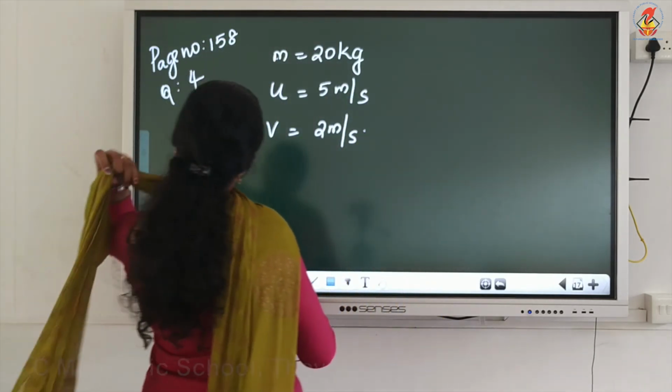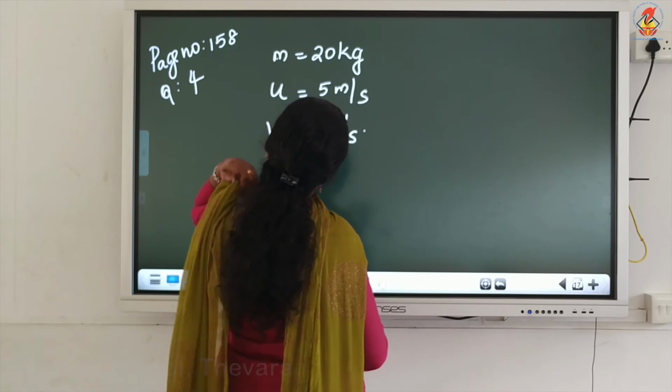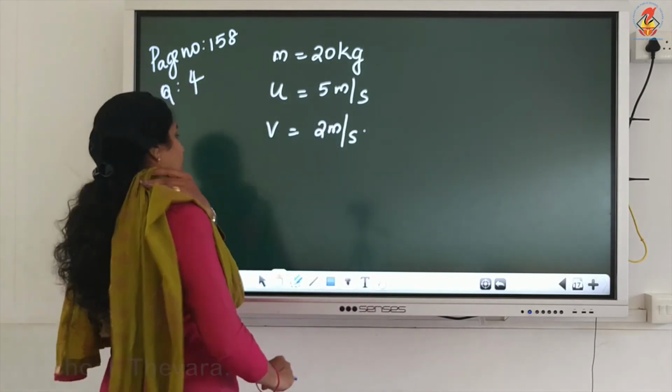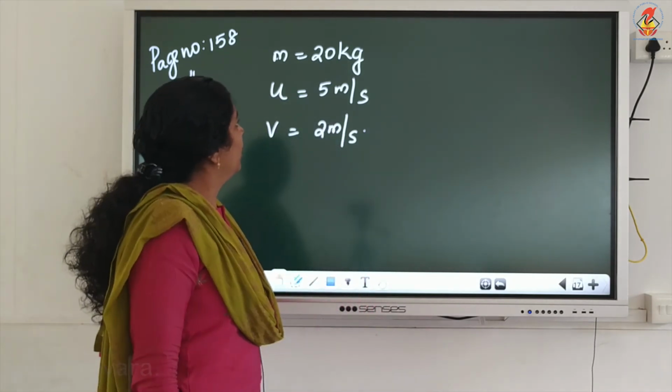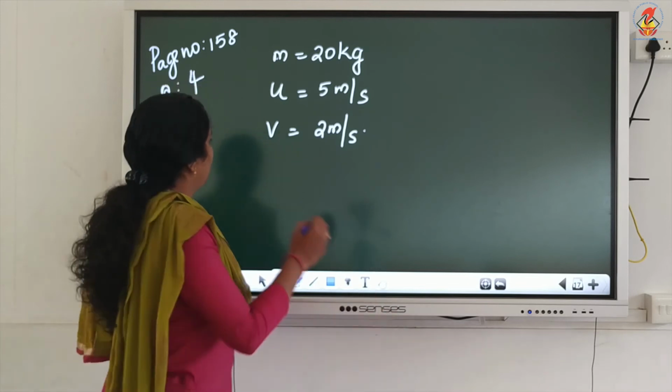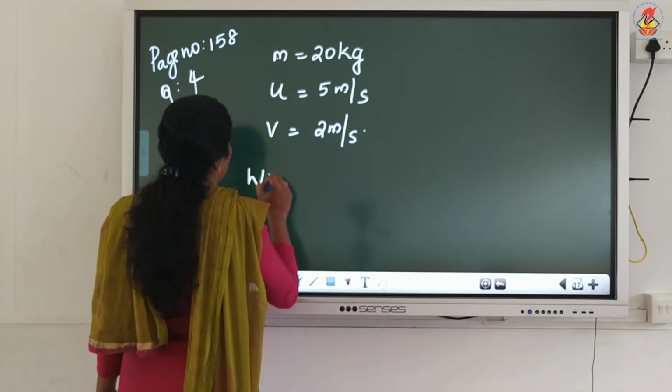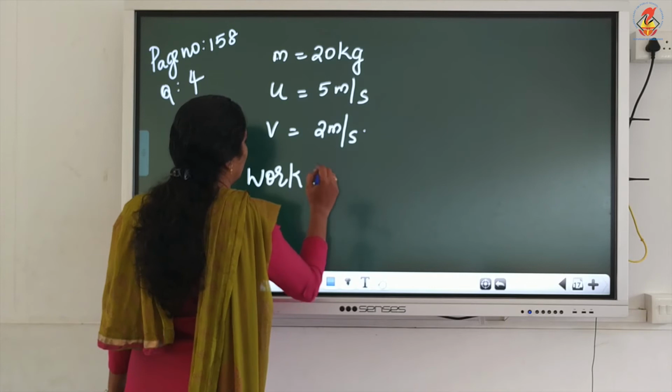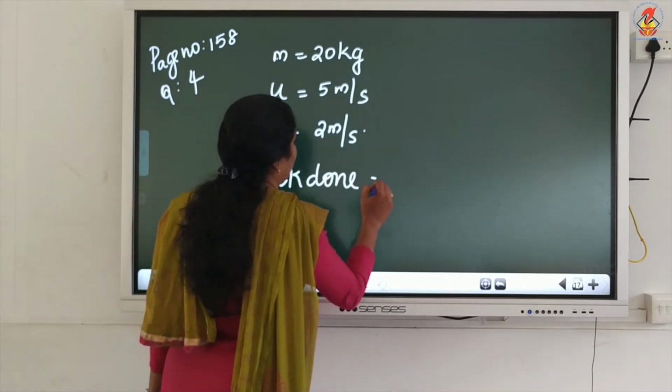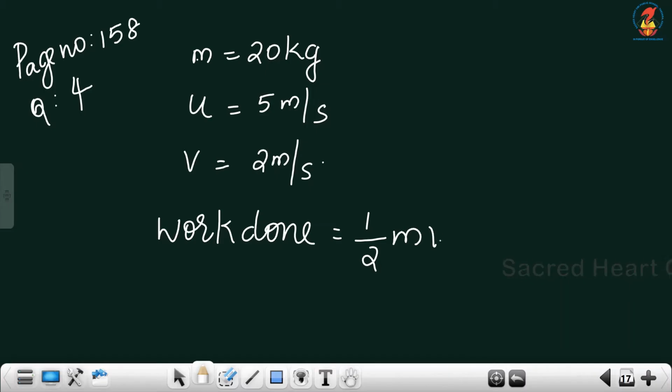Okay. So, we can use the equation work done is equal to half m v square minus half m u square.